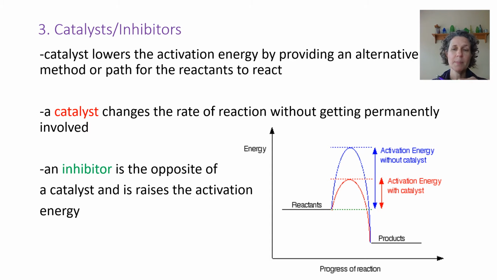On that graph, the red little hill is the activation energy with the catalyst. The blue is without, so it's the normal reaction, the reaction as it just happens. Looking at it, it looks like you need to build up twice as much energy in order for the reaction to happen.